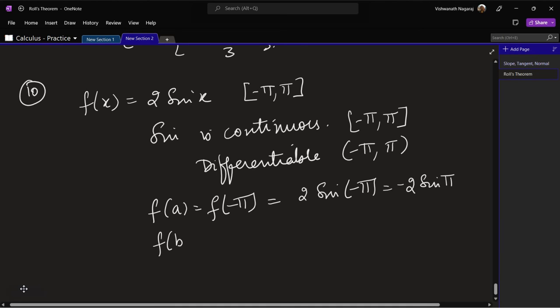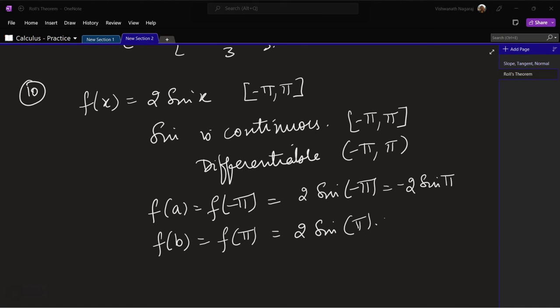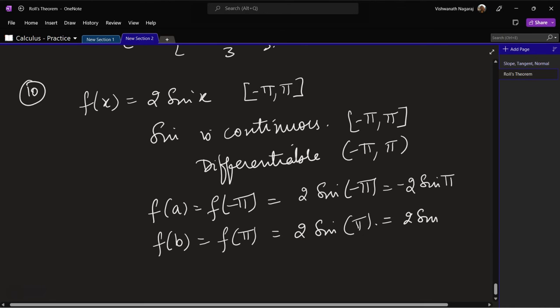Okay, f of b is equal to f of pi, which is equal to 2 sine pi. Even though negative and positive signs are there, sine pi itself is 0. So both of them are equal to 0.